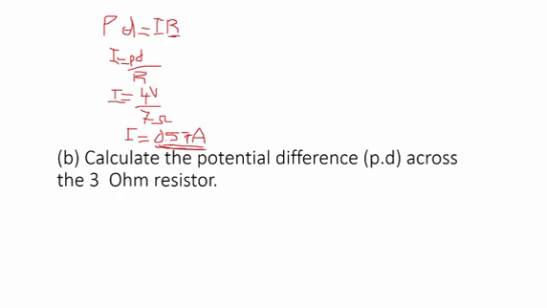So we're going to say potential difference is equal to the total current times the total resistance.